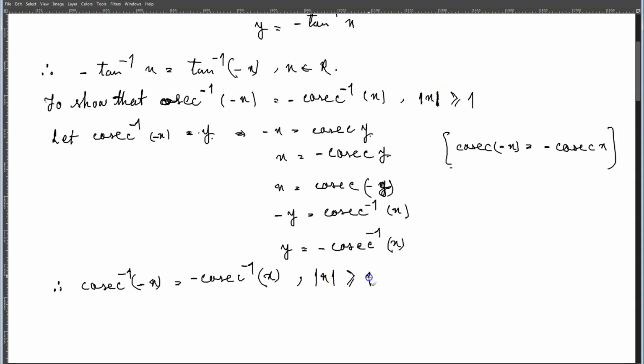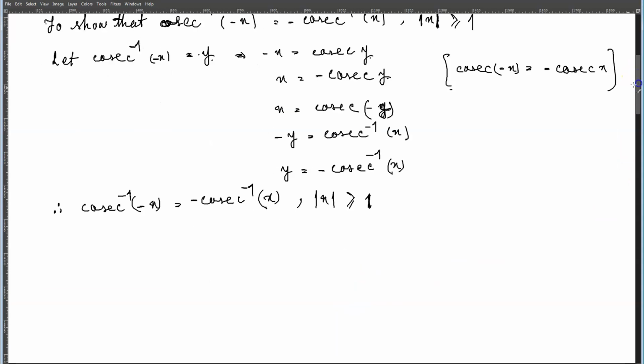And that is for the absolute value of x greater than or equal to 1. What that means is that either x is less than or equal to negative 1, or x is greater than or equal to positive 1.